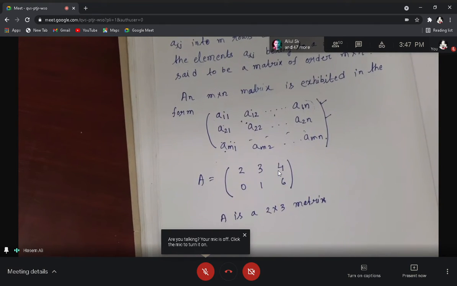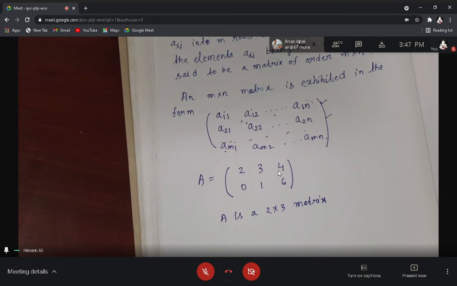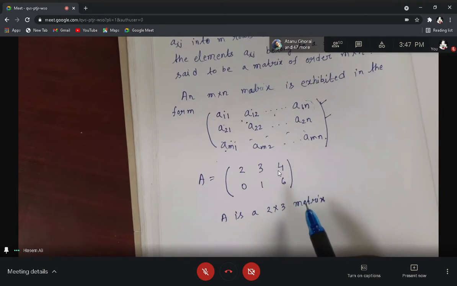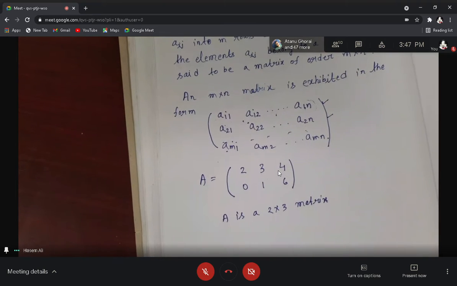This matrix has 2 rows and 3 columns. Is it clear? Just some basic definition.